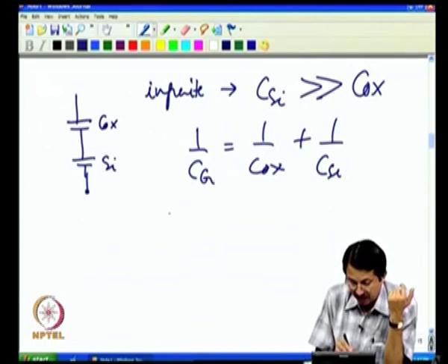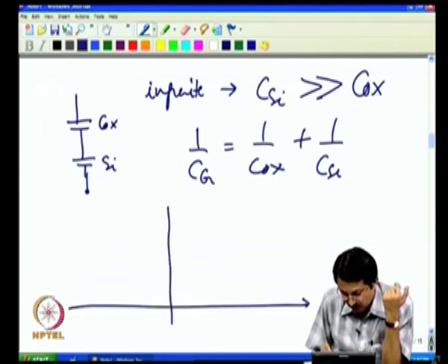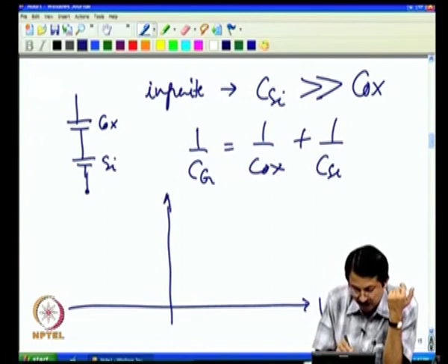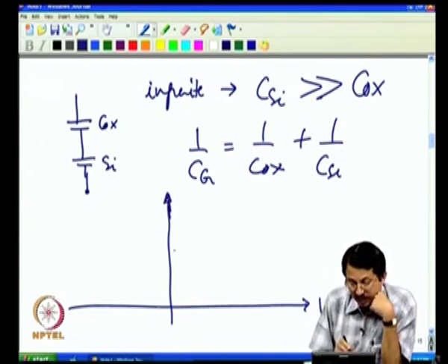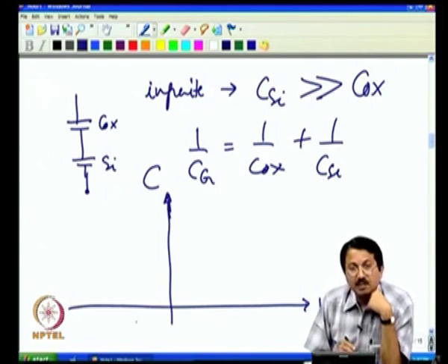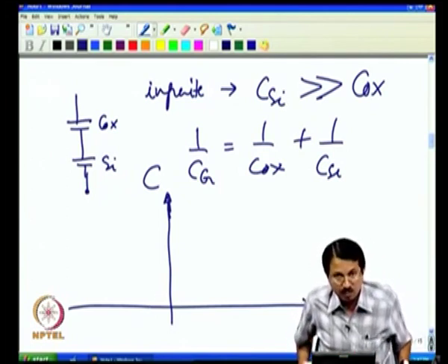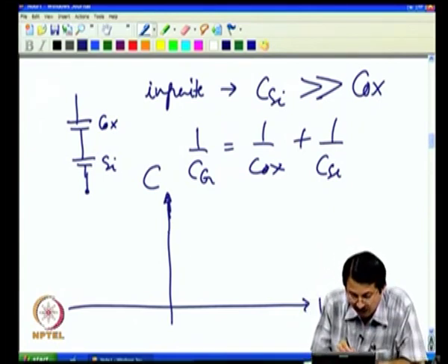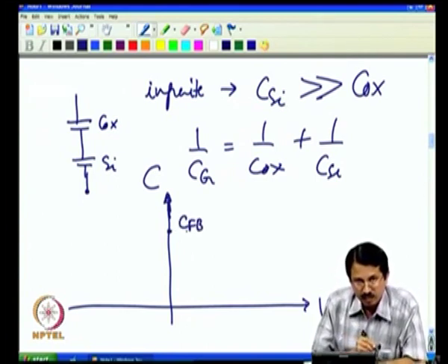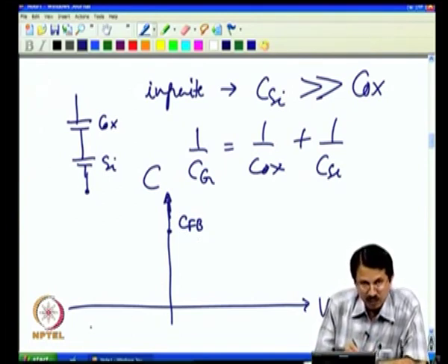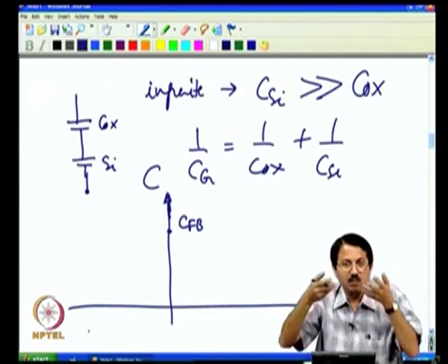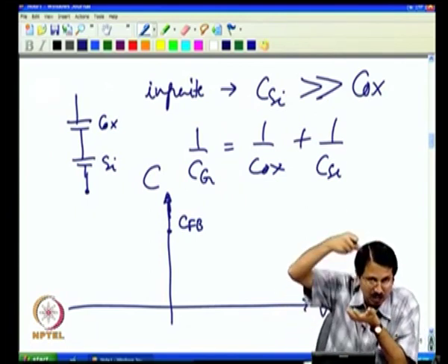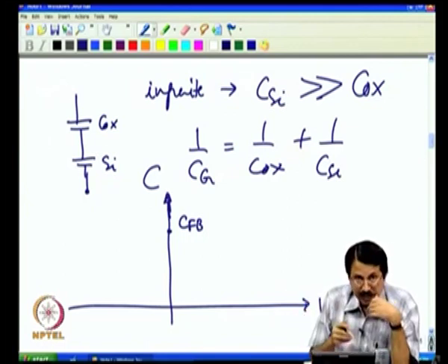All it means is that if I now were to look at the capacitance voltage curve, this is a p type, VFB is 0, flat band condition at 0 gate voltage, and that will have some capacitance. In fact, we call it CFB, flat band capacitance. We will come to the definition of flat band capacitance in a minute. For negative gate voltages on a p type substrate, we are accumulating more and more holes. Negative gate voltage can attract more holes to the surface, meaning accumulation condition.